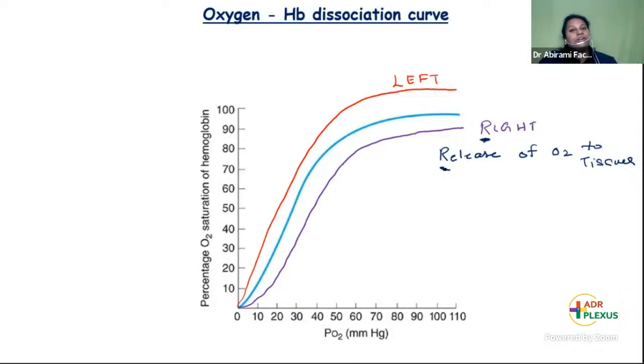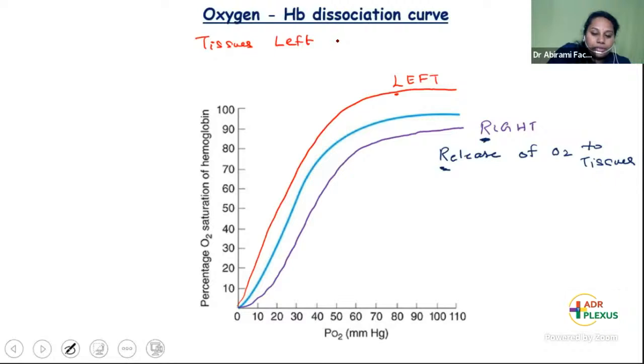R for release of oxygen to tissues. And what does L stand for? L for tissues are left without oxygen. See, L for L, R for R, release of oxygen to tissue. So when you have a right shift of the curve, more oxygen is released into the tissues.